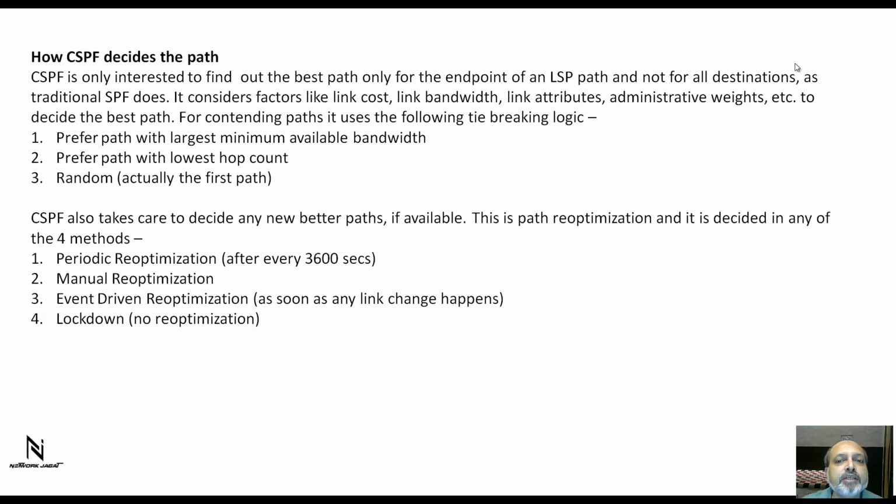It has the following tie-breaking logic, and that tie-breaking logic will be followed exactly in this sequence. At first, it prefers the path with the largest minimum available bandwidth. Largest minimum available bandwidth.